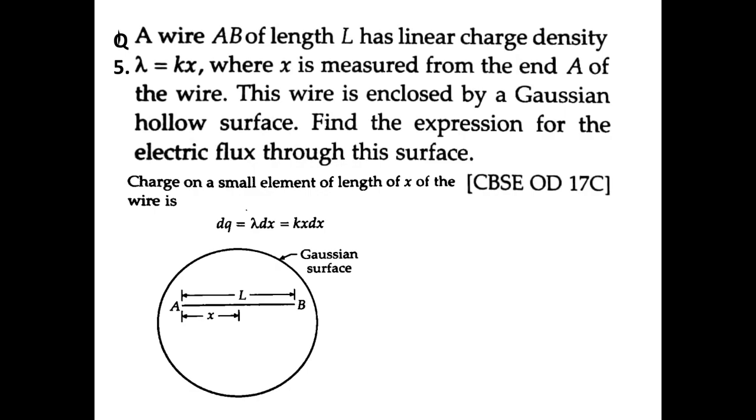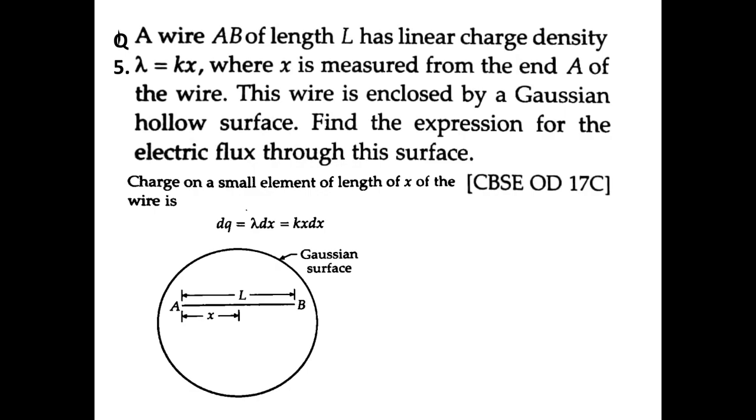So let us suppose that the charge on a small element of length dx of the wire is dq equal to lambda dx. The length of a small element is dx and the charge on it is dq. So according to linear charge density we can write lambda equal to dq by dx.